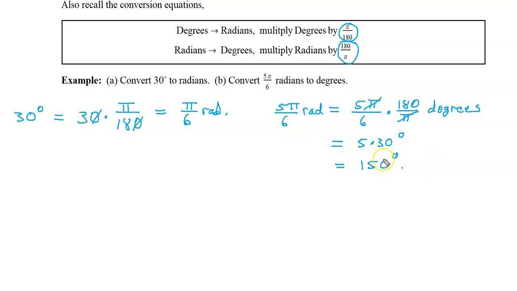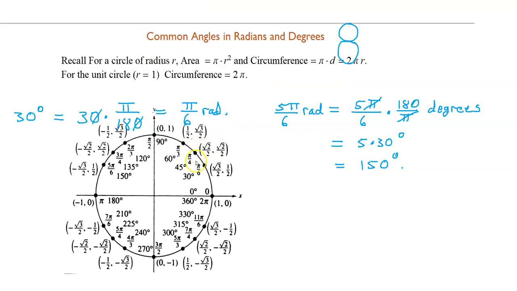So 5 pi over 6 corresponds to 150 degrees. And we can see both of these if we go back to that graphic we saw earlier. Right here we see 30 degrees corresponds to pi over 6, and 150 degrees corresponds to 5 pi over 6 radians.